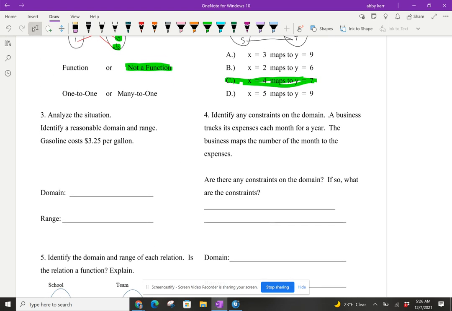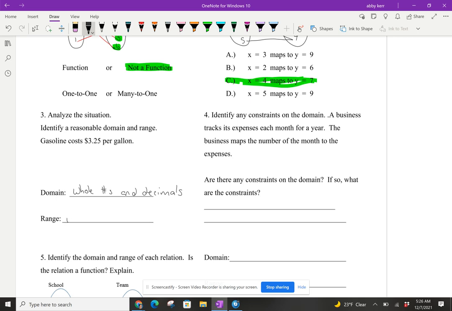Now for number 3, identify reasonable domain and range. Gasoline can be whole numbers and decimals. You can have 1 gallon of gas, you can have 2.5 gallons of gas, you can have 3.25 gallons of gas.